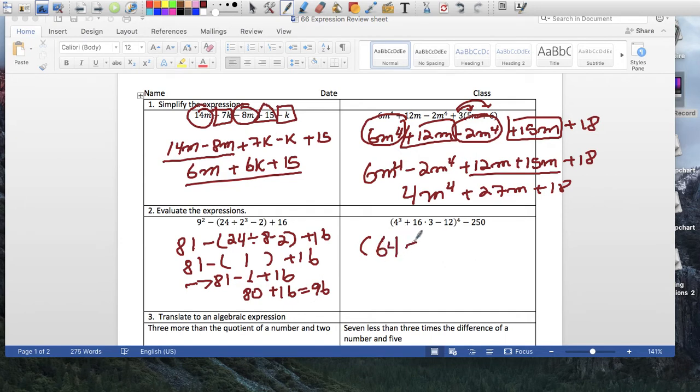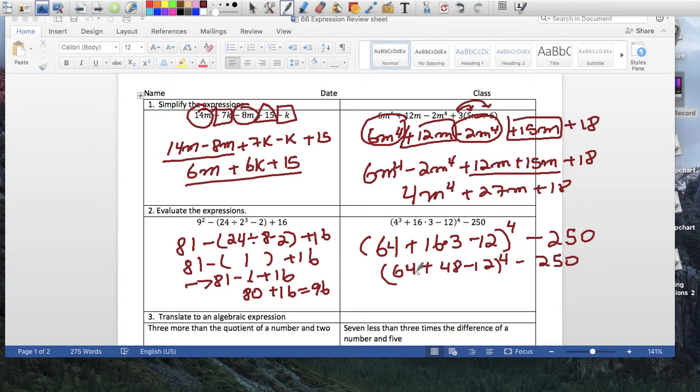So I'll rewrite that, plus 16 times 3, minus 12, and once I finish adding or multiplying inside the parentheses, I'm going to raise that to the fourth power, and then minus 250, which hopefully will work. So I get 64, and again, I'll keep the parentheses, plus 16 times 3, which is 48, minus 12, all that raised to the fourth power, minus 250.